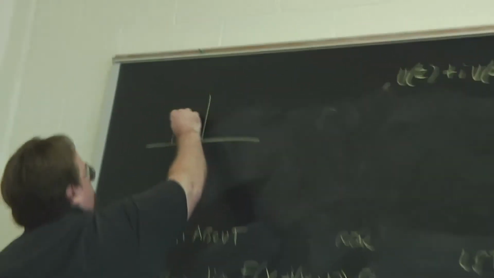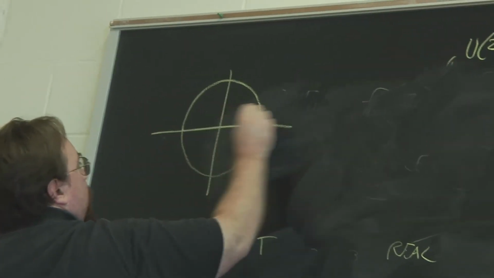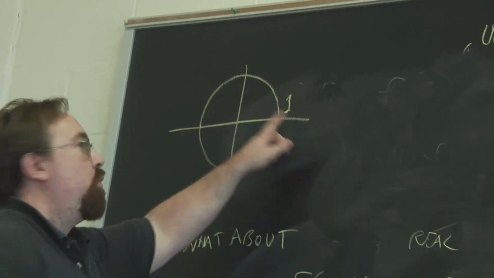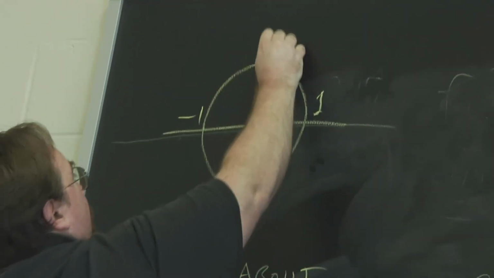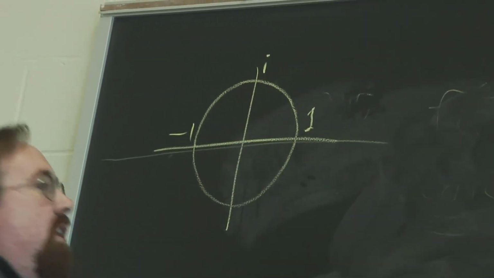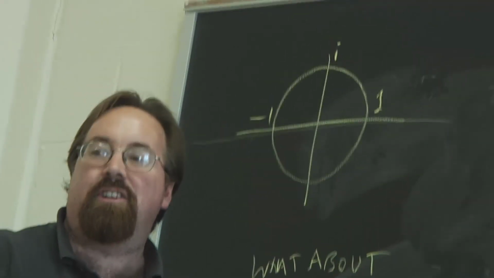In a complex plane, if you look at the unit circle, this is the real number 1, real number minus 1, so this is the real number line. Here we have i up here, because you can think of the real part as being x and the imaginary part as being y.